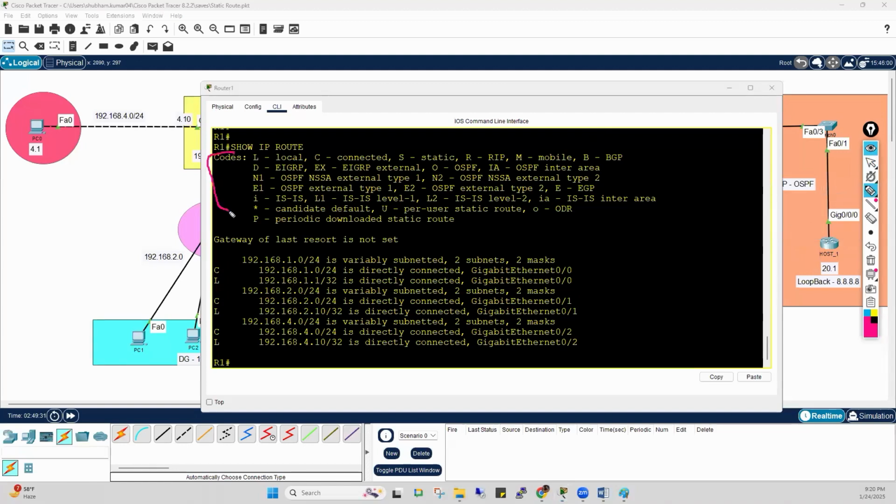This is something called a code. This code will help you to understand what any particular route, any particular network ID or any particular information present inside the routing table belongs to. Clear? For example, here C means what? C means connected.